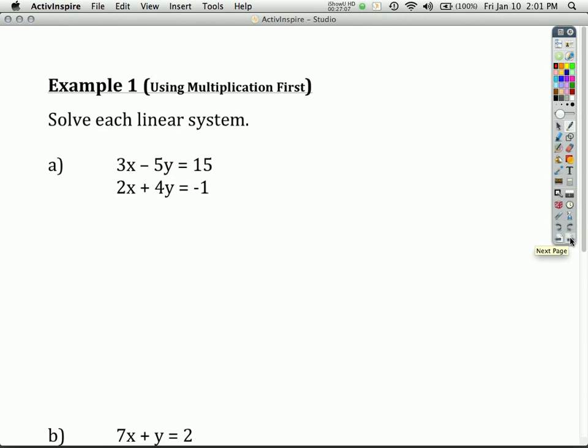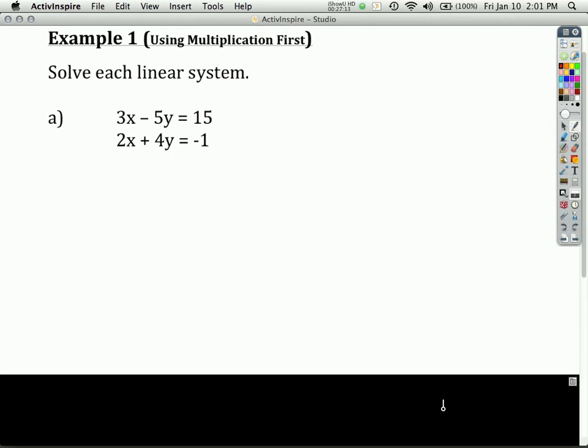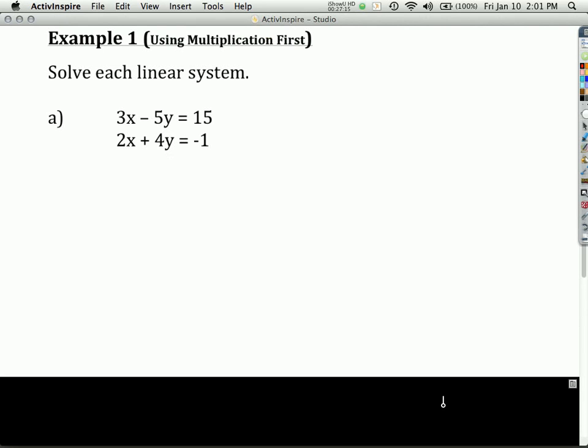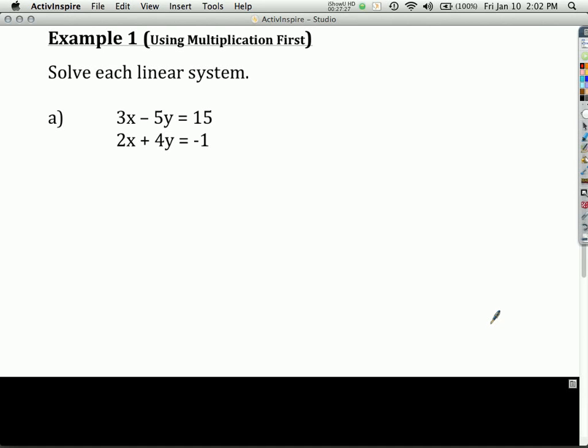So we're going to solve this system using elimination. Now, I like to emphasize to my students and encourage them to not lose sight of the goal.